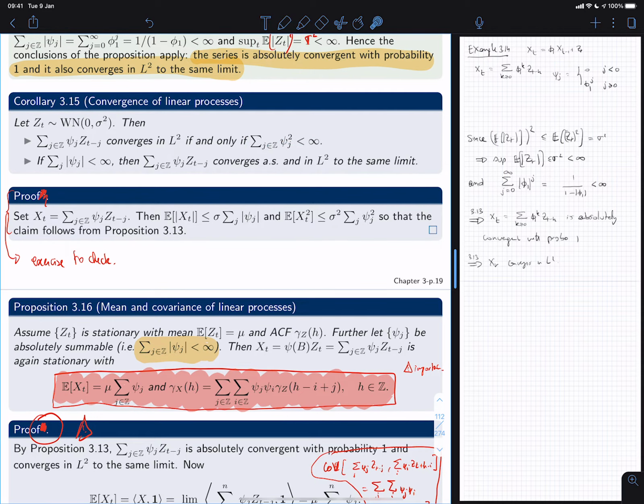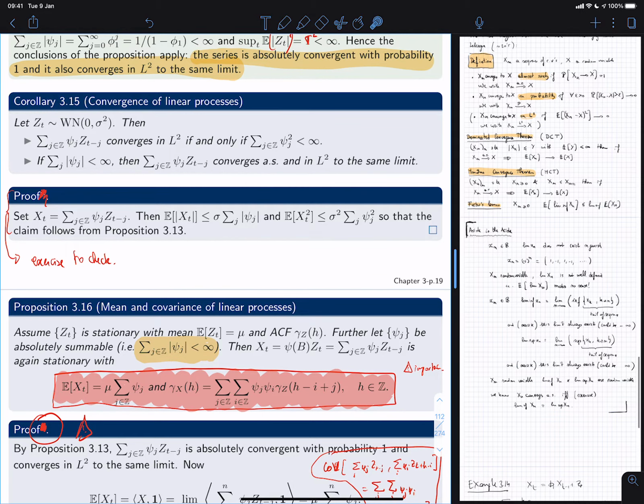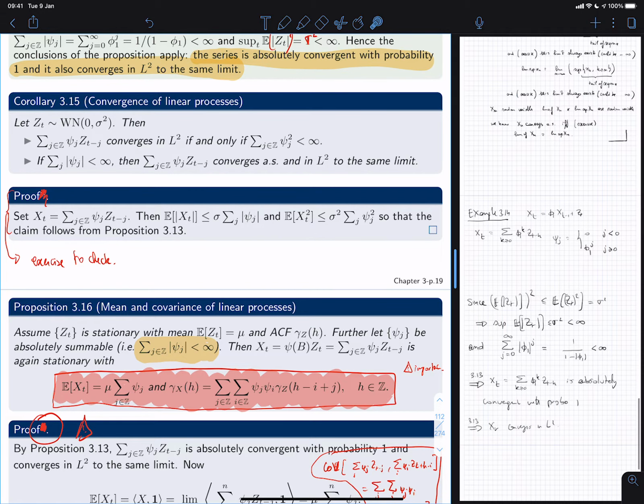That's something we already saw, a proposition from chapter 2, and now we have a different proof of the same result. And we know that if, moreover, the coefficients converge absolutely, then this will also converge almost surely and in L2, and both limits will coincide.